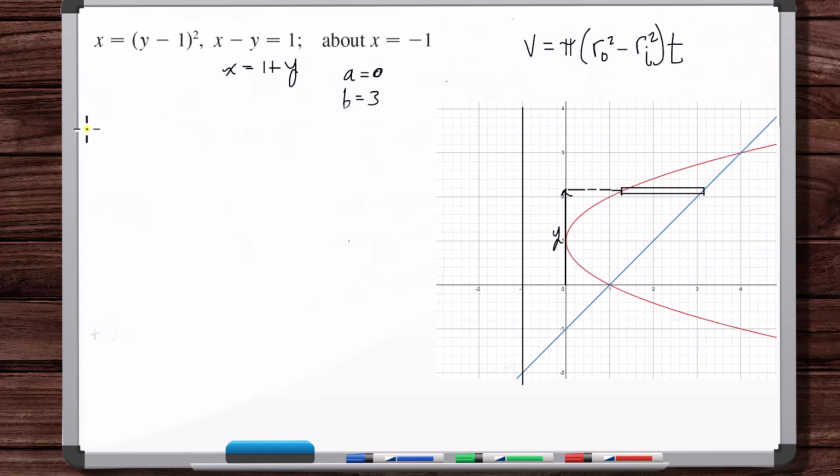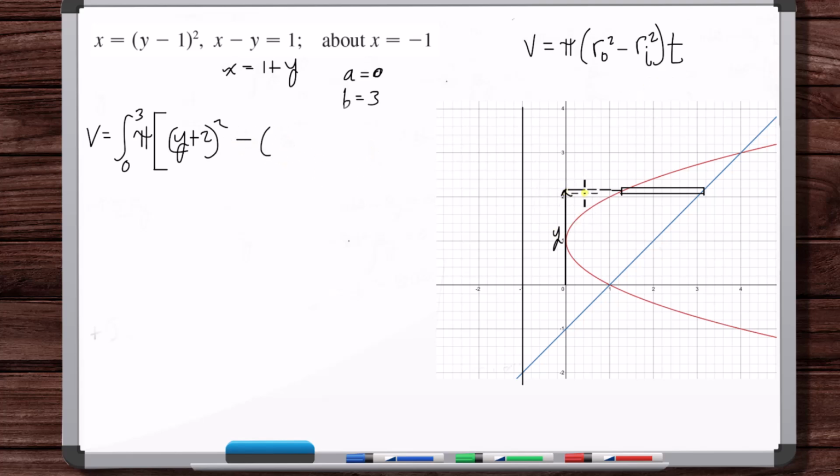So the integral is from 0 to 3 pi. What is r outer? You plug in the y value you're at, so 1 plus y, but then you add 1 to that, right? It's this distance plus 1, because we're revolving this about this axis. So it's 2 plus y, or y plus 2 squared, okay? Minus the inner radius squared.